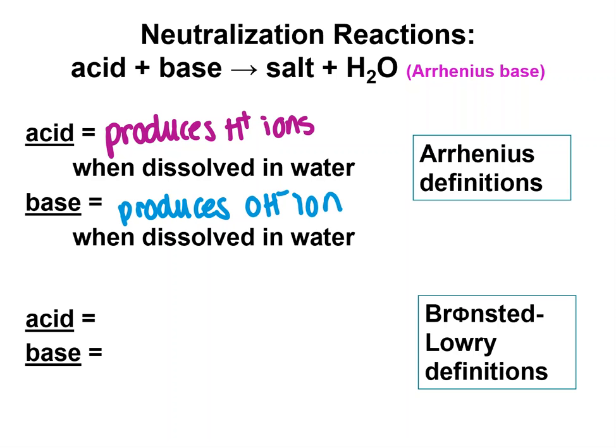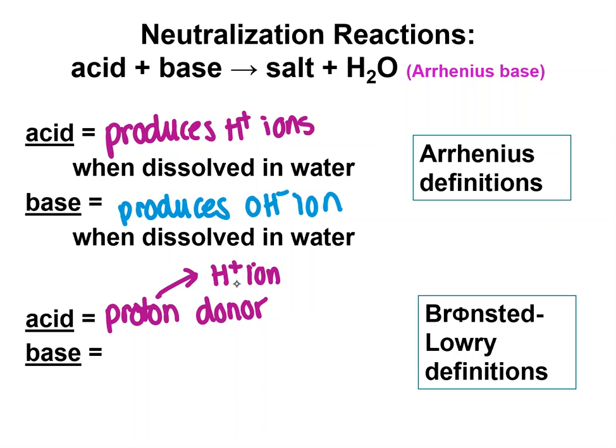They're pretty strict definitions. A more broad definition is that an acid is a proton donor. And by proton, it's the same thing as saying hydrogen ion, because most hydrogen atoms don't have a neutron.